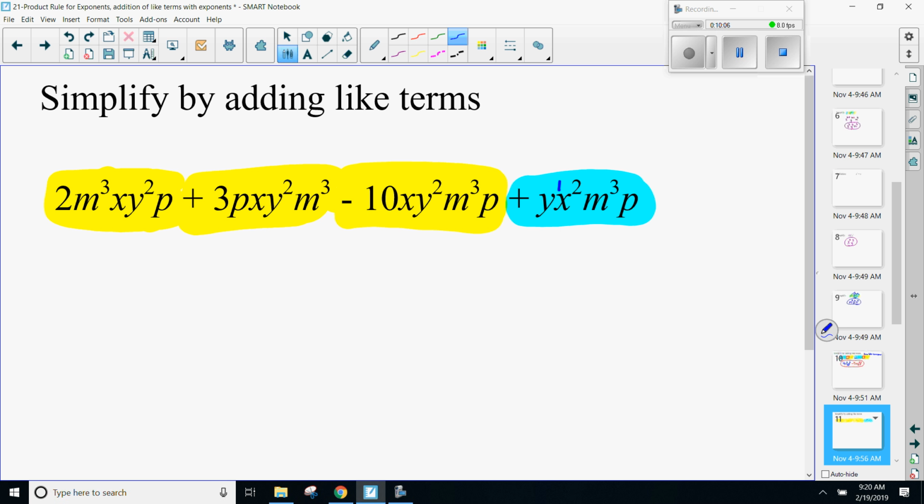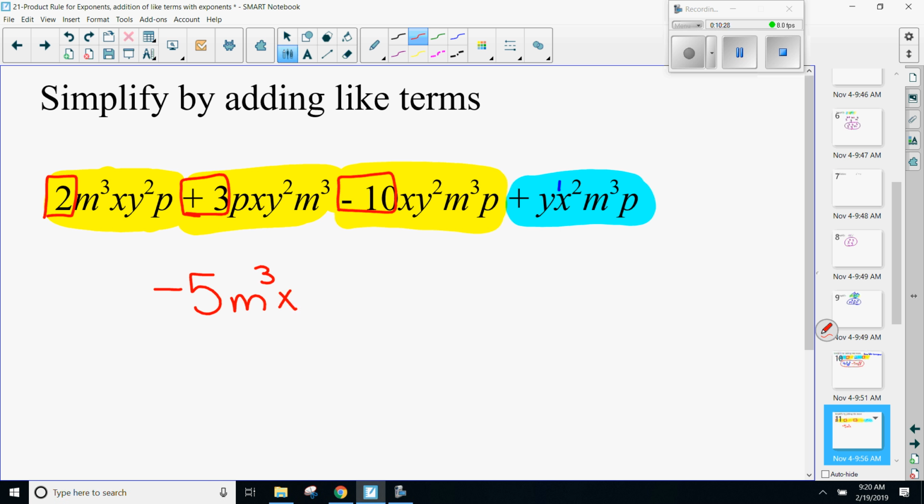So to come up with your answer, you have to take 2 plus 3 minus 10. What does that give you? Negative 5. Does it matter what order I put those letters? No. I need m to what power? The third.